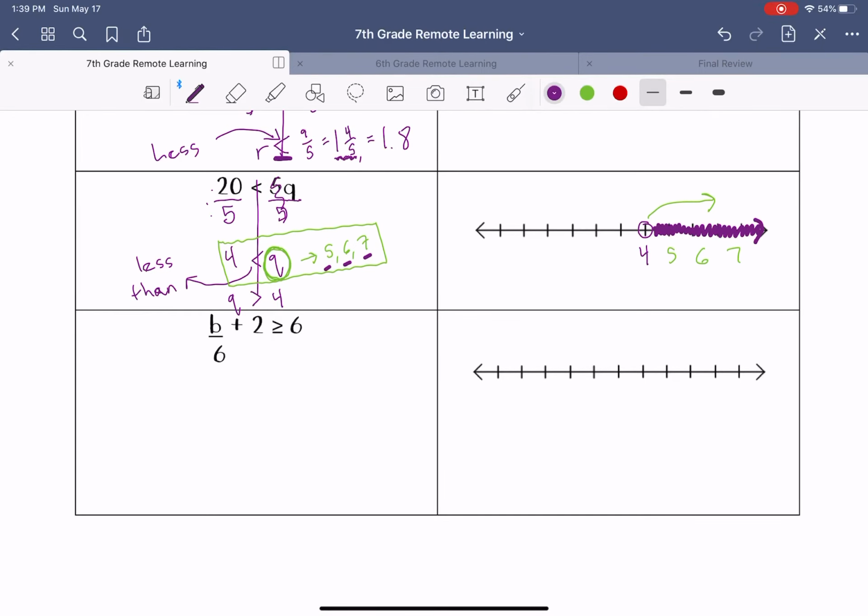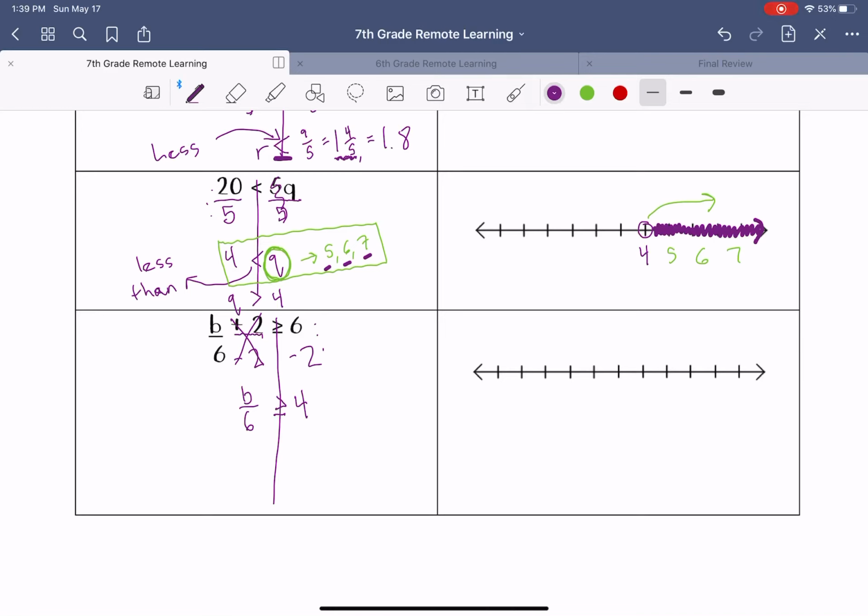Okay, last one. Draw my balance line. Start with getting rid of this plus 2 with a minus 2 on both sides. So my 2's cancel. I'll have b over 6 is greater than or equal to 6 minus 2 is 4.